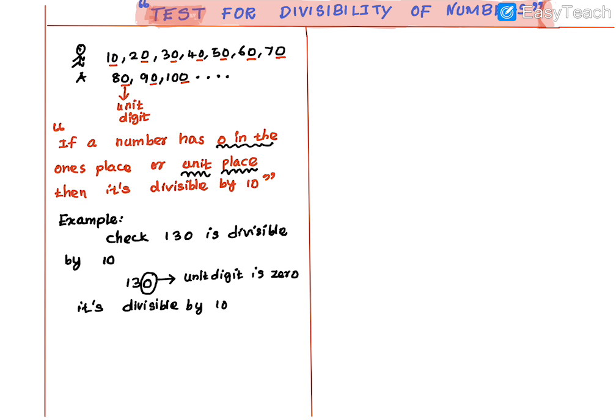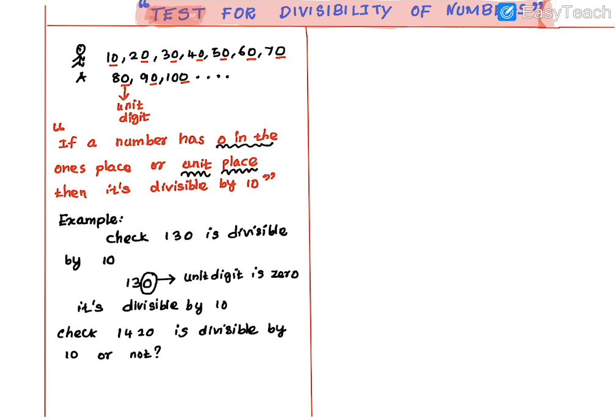Now I will give one more example. Check whether 1420 is divisible by 10 or not. This is a short problem, so you just do it by yourself.